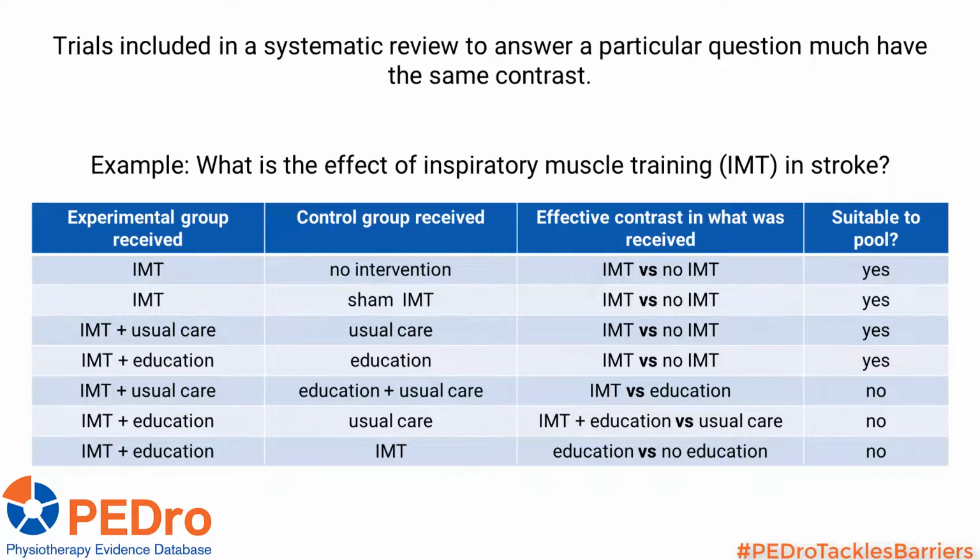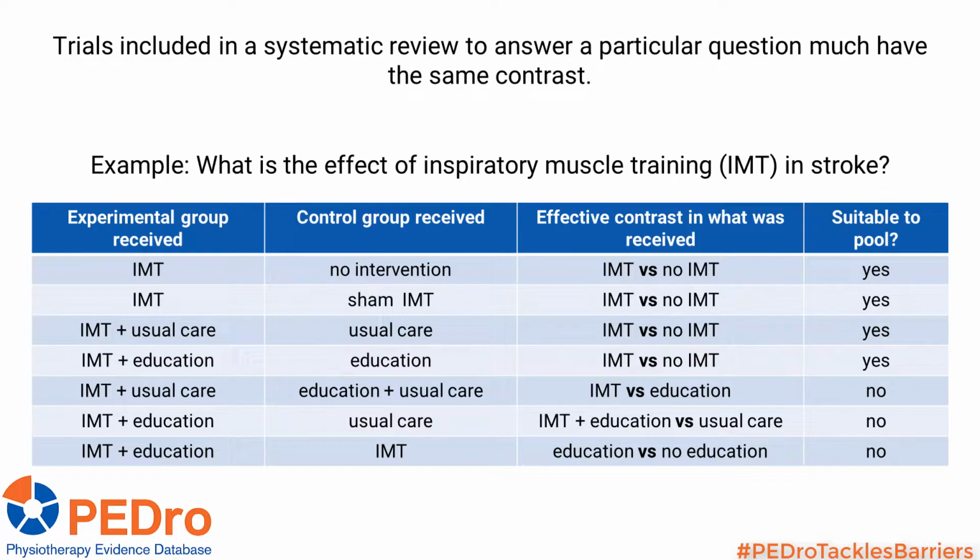You could have inspiratory muscle training plus usual care or guideline directed care versus guideline directed care only. You could have inspiratory muscle training plus education versus education only. In all those trials, the experimental group is getting inspiratory muscle training where the control group isn't. And so the contrast between the groups is inspiratory muscle training.